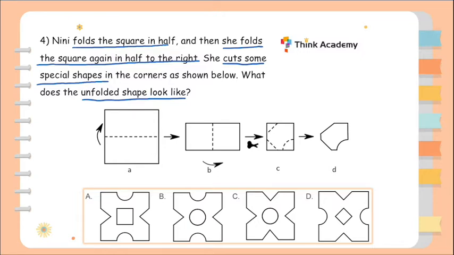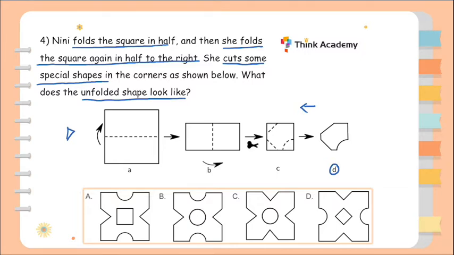And we can see step by step what Nini is doing over here. From A to B to C to D, the cut shape. But if we're going to unfold it, then we're going to move backward. So from D, if we are moving backward like that, then what should we do? How do we know what it will look like? Why don't we start with the vertical symmetry?